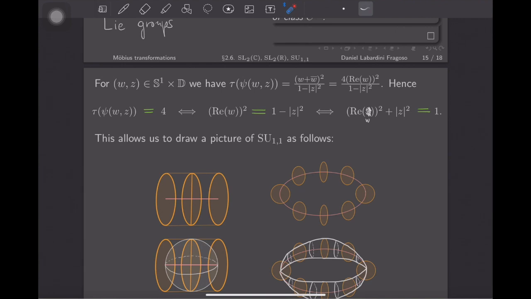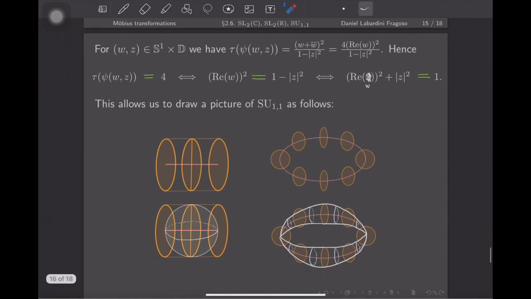Okay, and now I'm out of time, so let me wrap up. So you see here, this looks like the equality of the identity for a sphere, because this Z lives in the disk. Right?